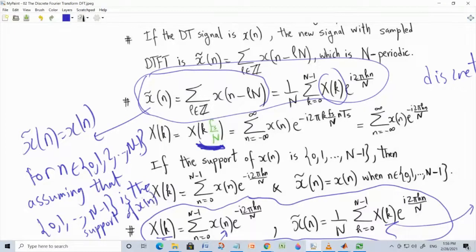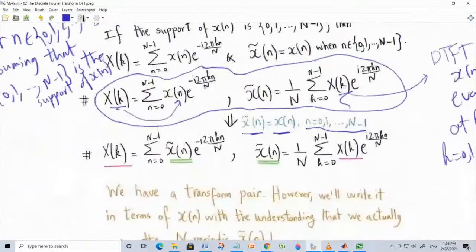So it is potentially non-zero just for those values. You can rewrite this with x tilde of n, and so now you have what looks very much like a transform pair: x tilde and big X.